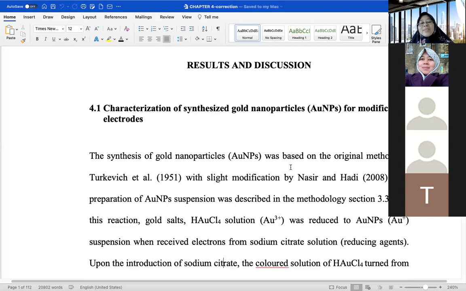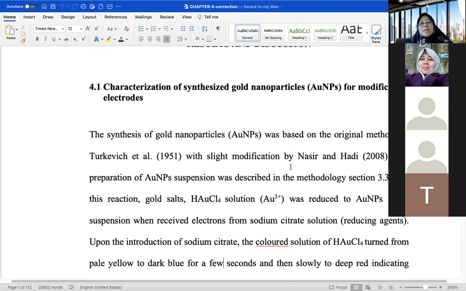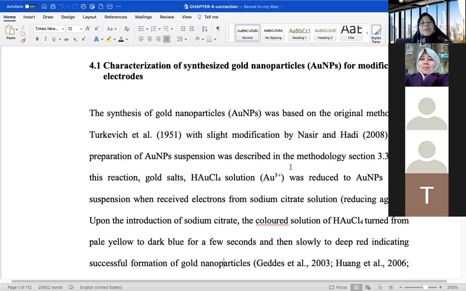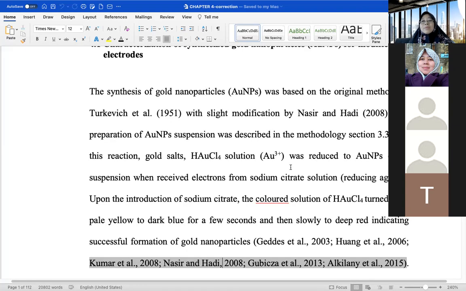So this is slightly the way you can write an introduction. The synthesis was based on the original method, just telling the readers. By right, it's not necessary for you to have an introduction in chapter 4, but just to make it interesting.